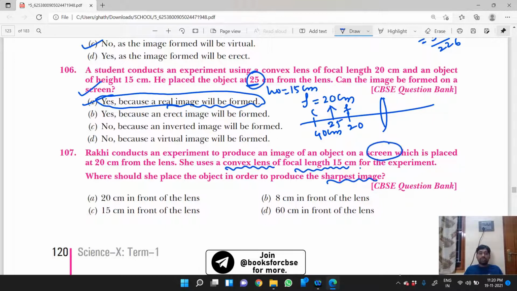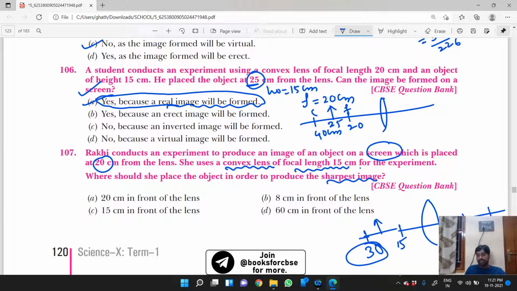If this is a lens, the focal length is 15, as given in the question, so the center of curvature will be 30. The image is at 20 centimeters, so the image forms between C and F, which means the object must be beyond C, that is, greater than 30.